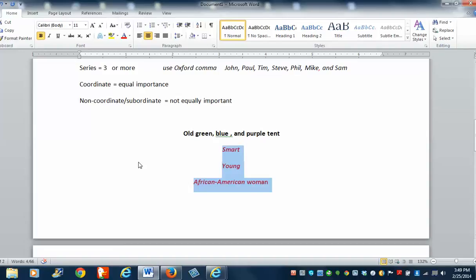So that is non-coordinate with smart and young, right? It can't be switched around with smart and young. It's got to be closest to woman, all right? Smart and young, though, can be switched around. Remember I said I could say smart and young African American woman or young and smart African American woman, so they're pretty coordinate, okay? So there you go.